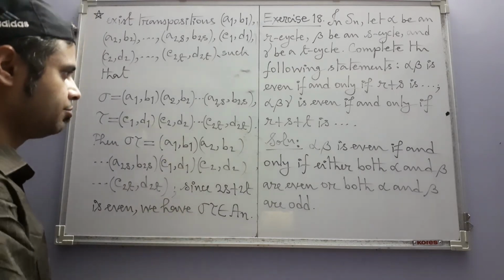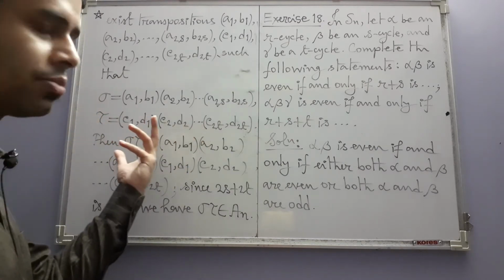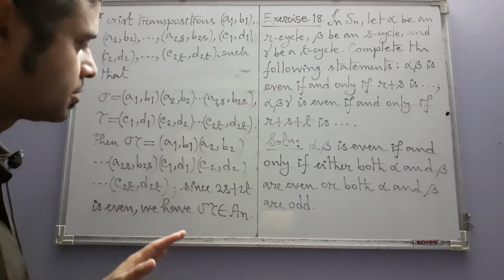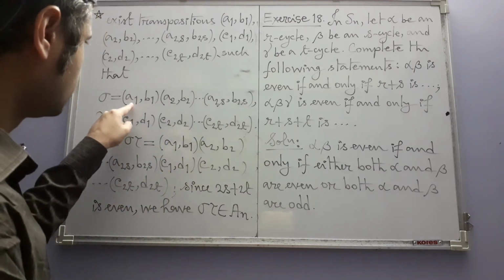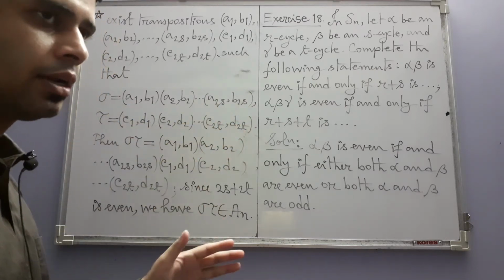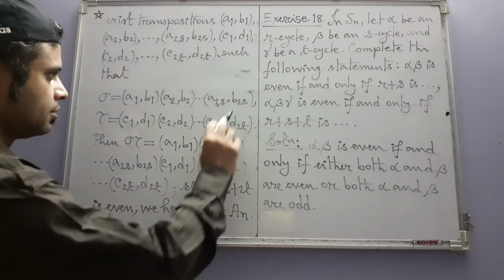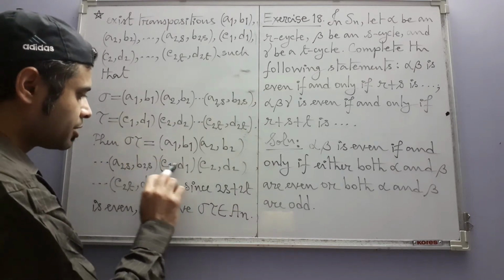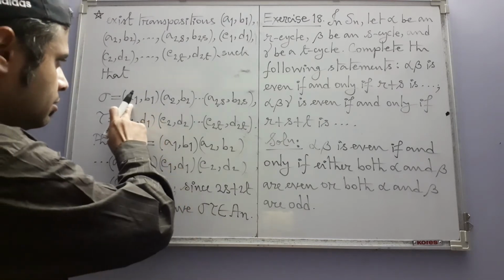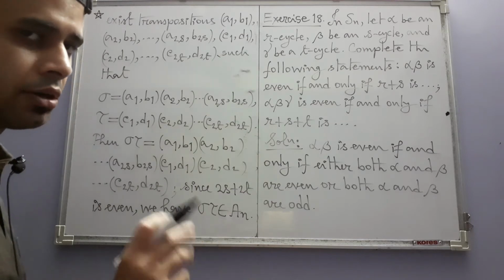Just like that, if you think of the other situation where say sigma and tau in the previous exercise are both odd permutations, each one of these two products will have an odd number of transpositions. So in this representation of sigma tau, how many transpositions will be there? This many plus this many, where in both the cases we have an odd number.